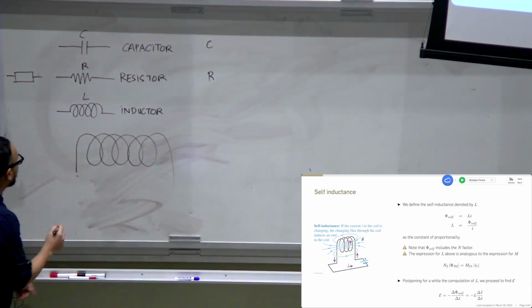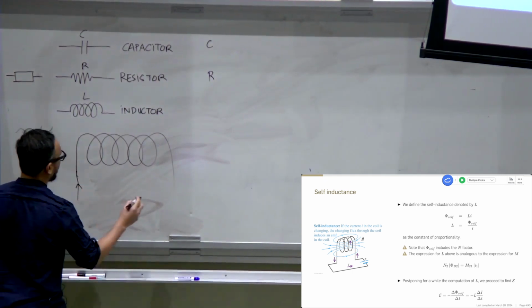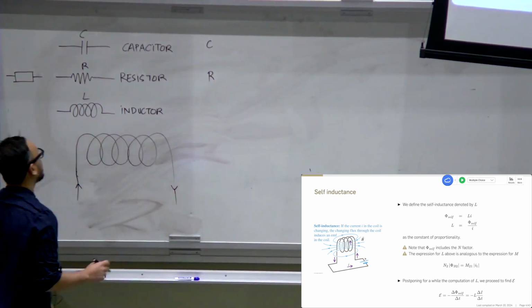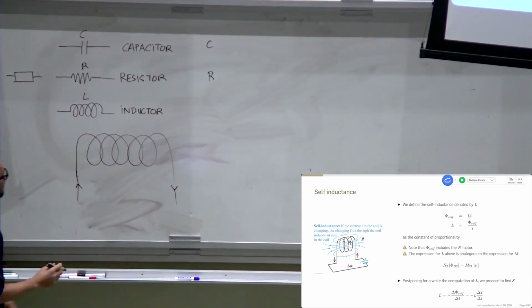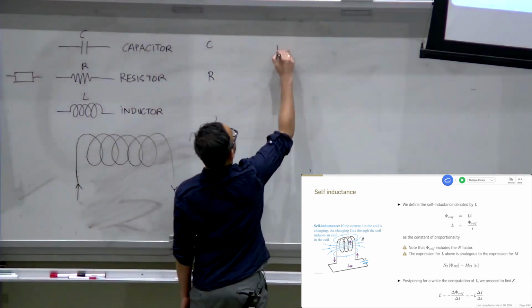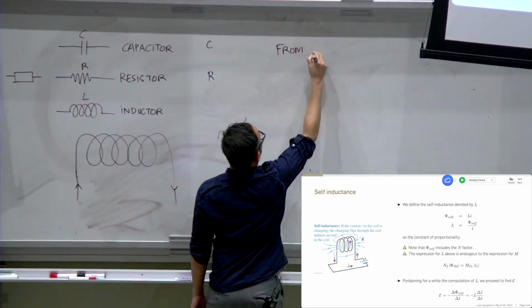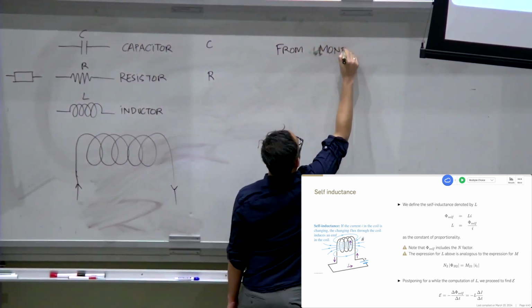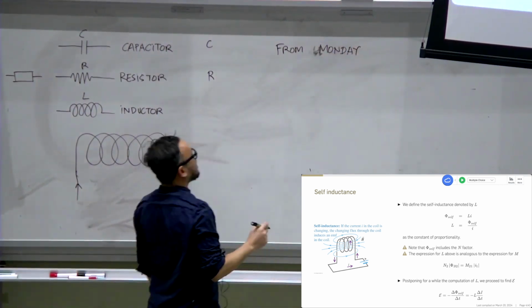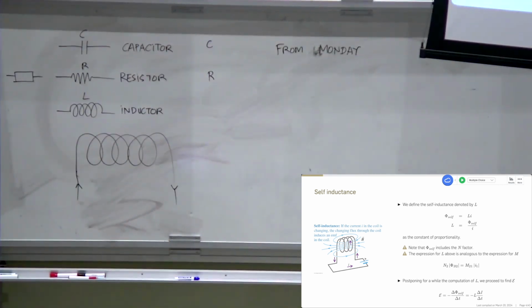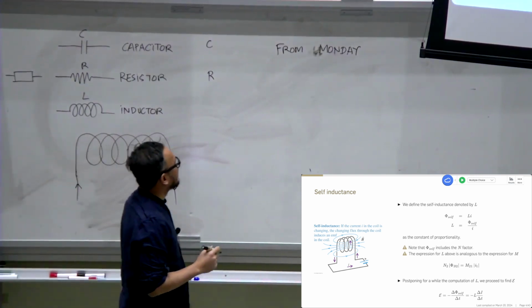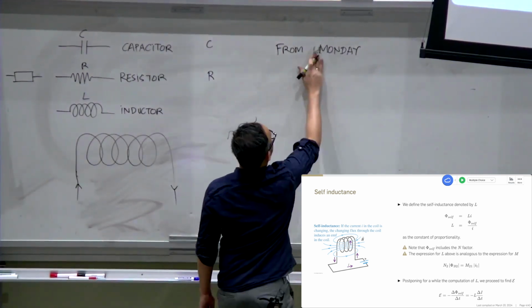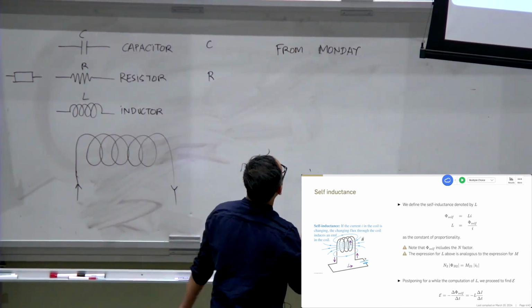So instead of mutual inductance, we call it self-inductance. And this is from Monday. I will be sleep deprived until early April, so if I misspoke, you have to correct me.